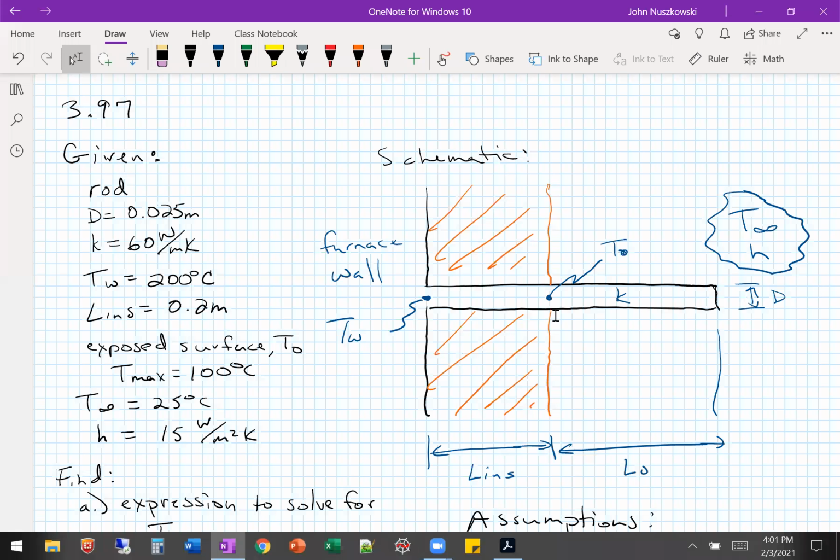Because if there was no heat loss between those two points, TO would be equal to TW, right? So we still have heat transfer between those two points, but there's no convection going on, because that's where the insulation is. So how do we look at the heat transfer between those two points?